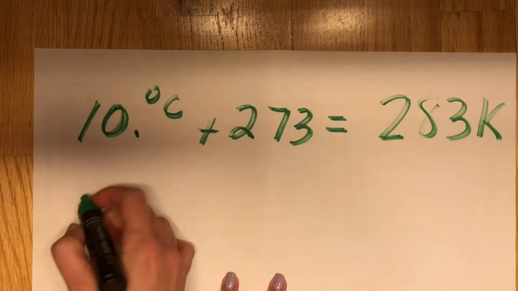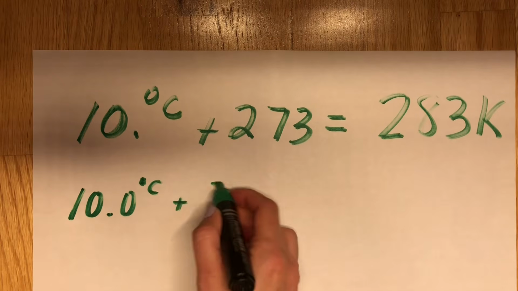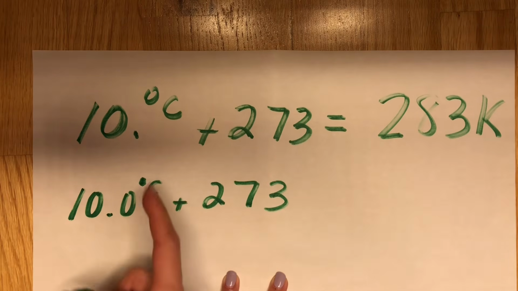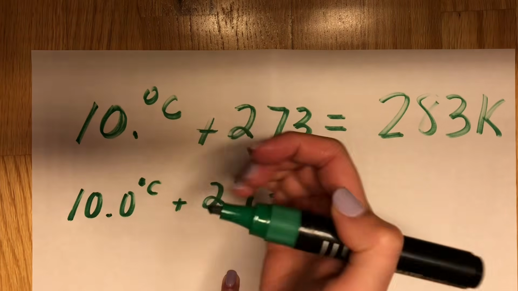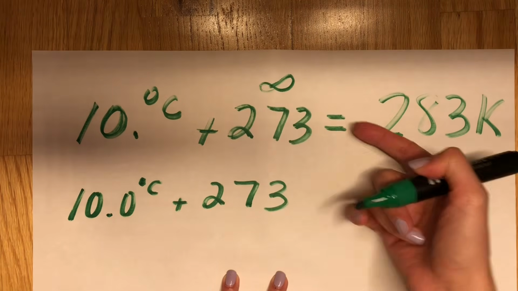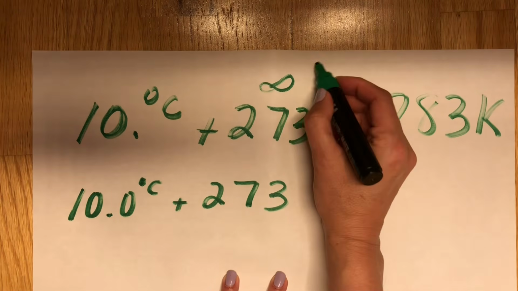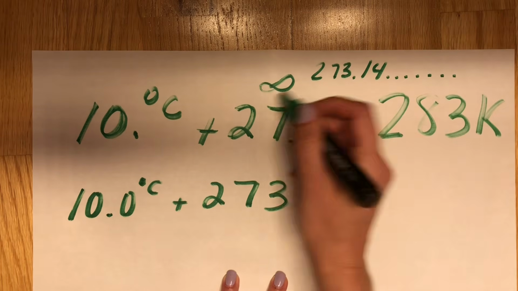Be careful, because if this measurement was 10.0 degrees Celsius, then that meant I had a tenths place on my measurement. Also be careful that, as you've noticed, the theme about conversion factors is this 273 is actually infinite. And there's more numbers to it. So it's 273.14, keeps going on and on and on.